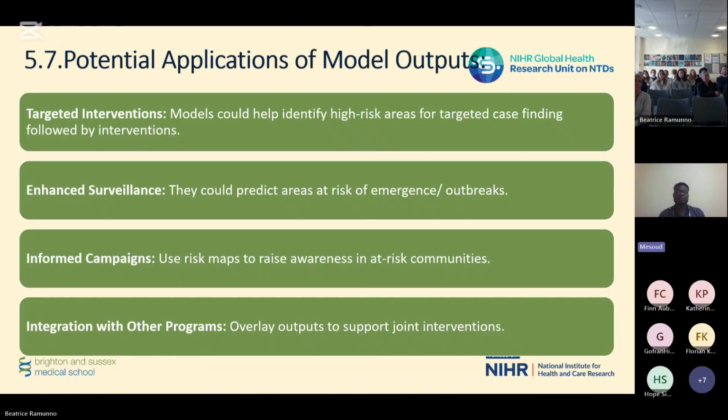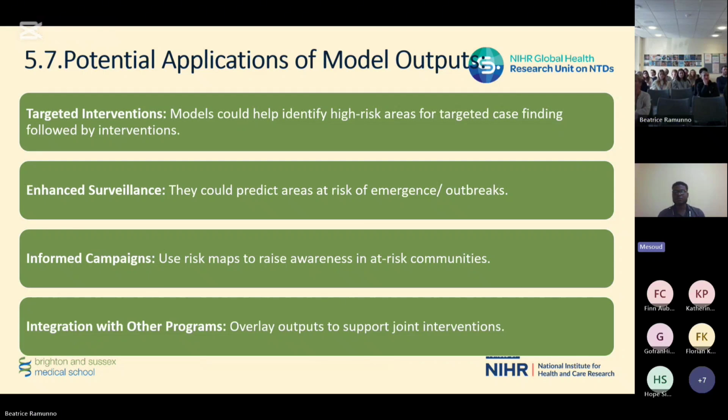Potential applications of these models or their outputs: our study found that they can support targeting interventions. Models could help identify higher-risk areas for targeted case finding followed by interventions. They can also enhance surveillance by predicting areas at risk of emergence or outbreaks.